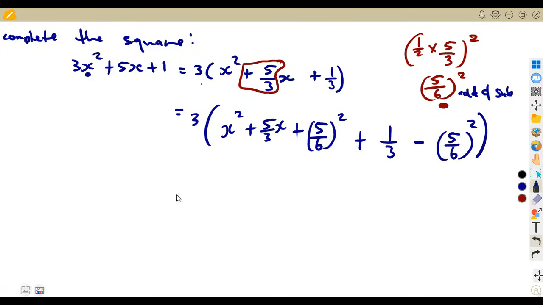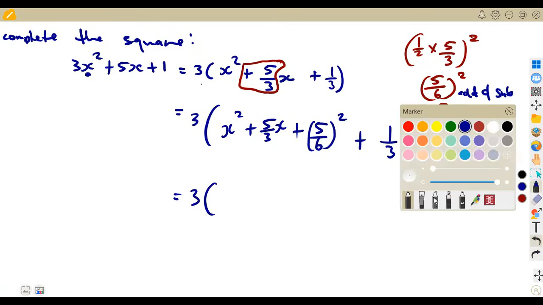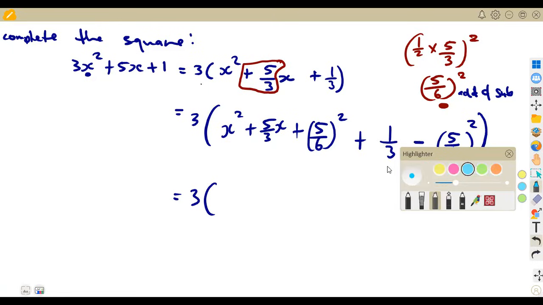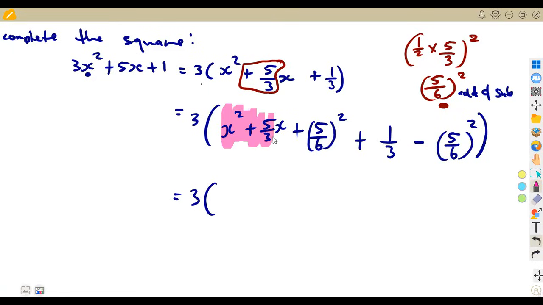All right. So that is it, guys. So now we can factorize our quadratic expression. As we can see here, we've got a quadratic from x squared up to 5 over 6 squared. It's a quadratic expression, but being a perfect square. So how do you factorize this type of expression?